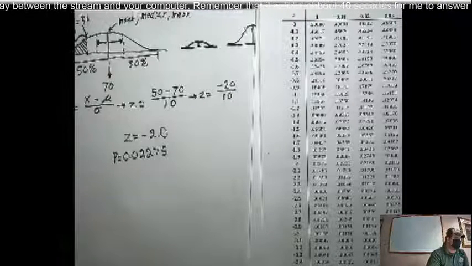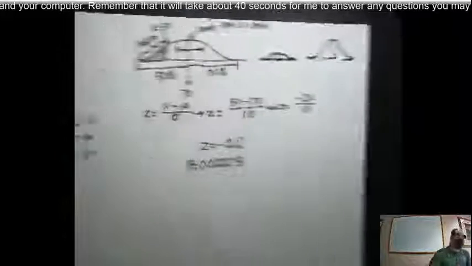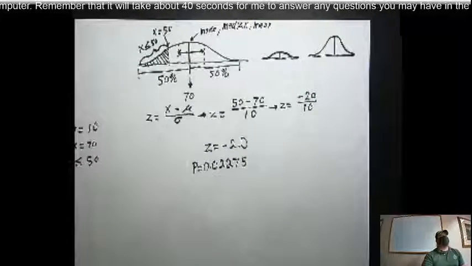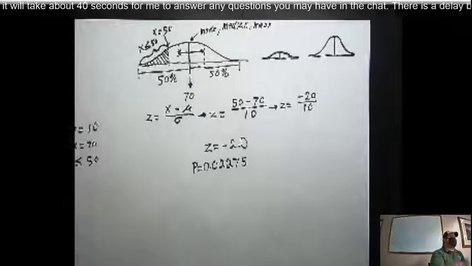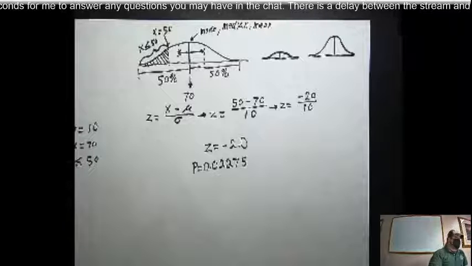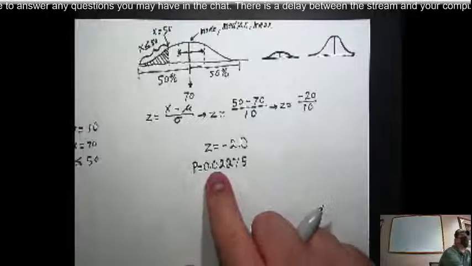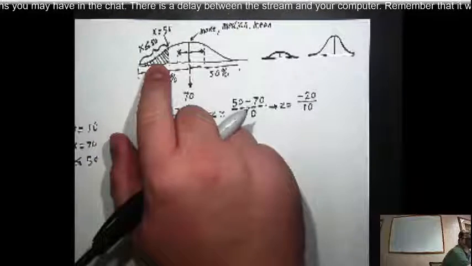Okay? So what this tells us is that if we were to choose a data point at random from our entire set of data, there is a probability of 0.02275 that it's going to fall in this area.